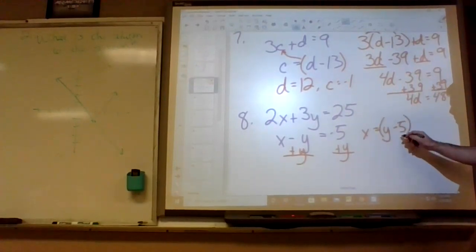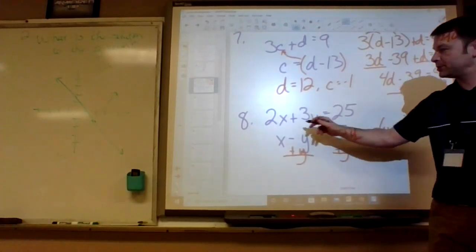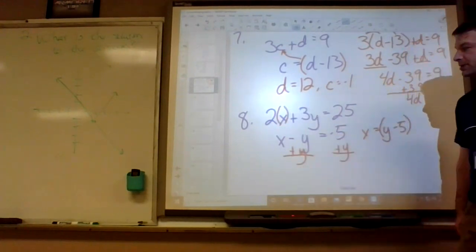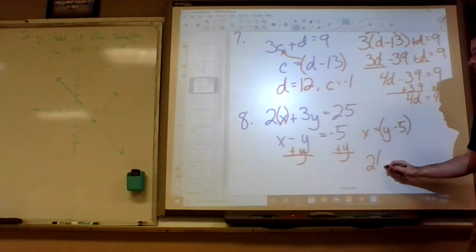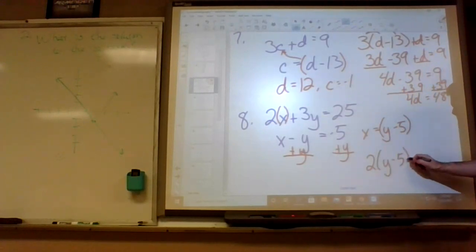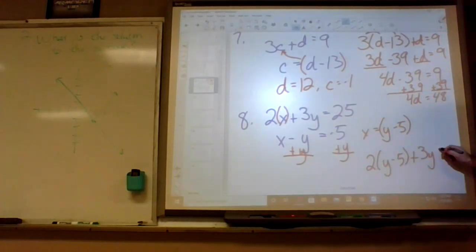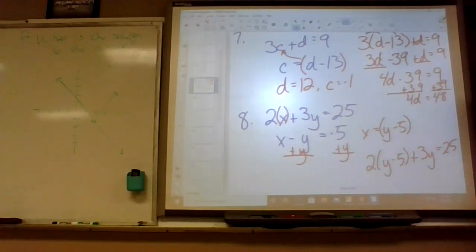Then you can take what x is equal to and replace x in the other equation. So the top equation becomes 2 times y minus 5 plus 3y equals 25. Then it's just like the bottom equation from there.